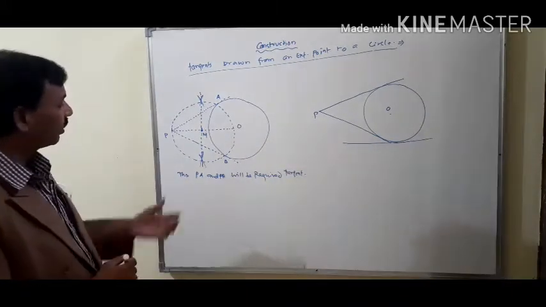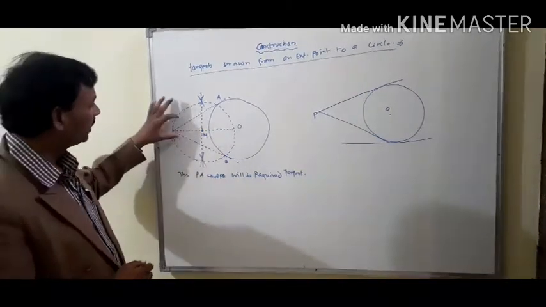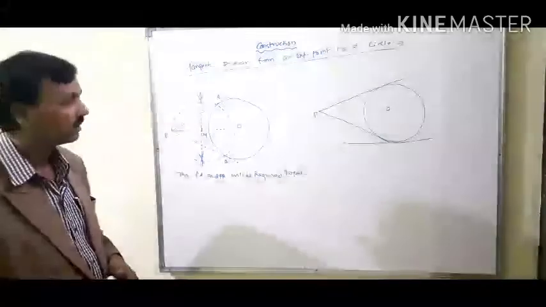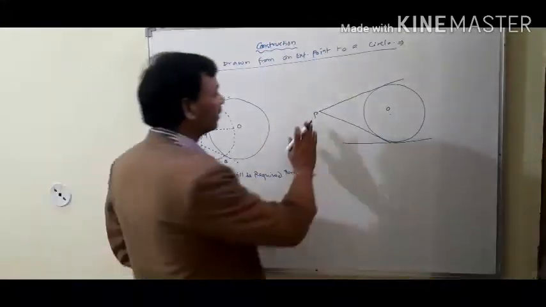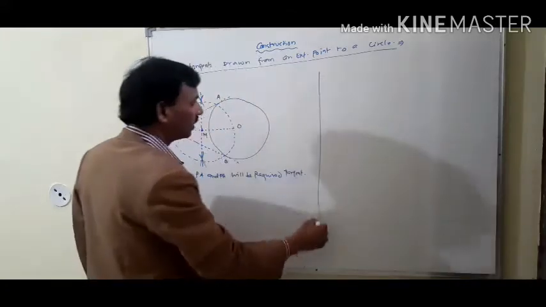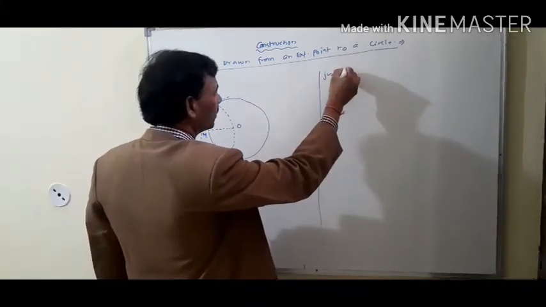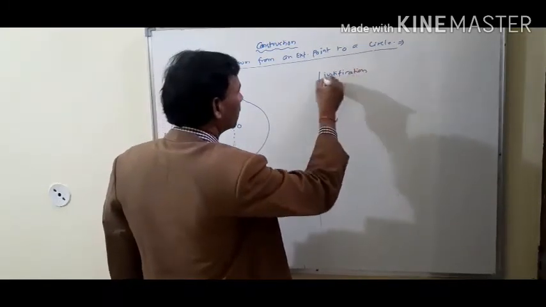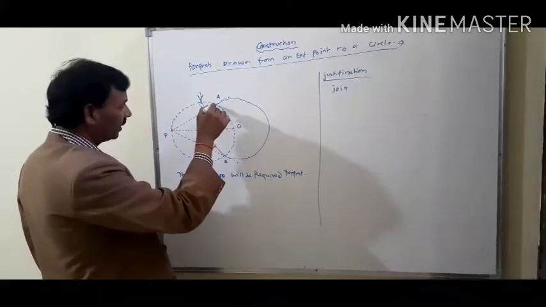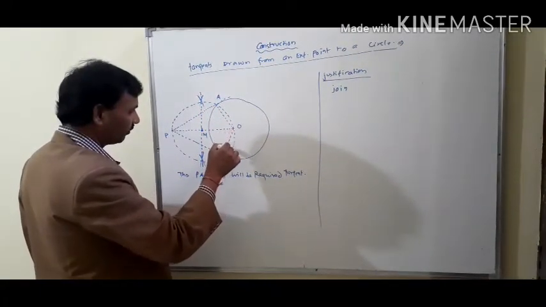But our solution has not finished here. We will justify that PA and PB are the tangents. For this, that means for justification, join OA and OB.